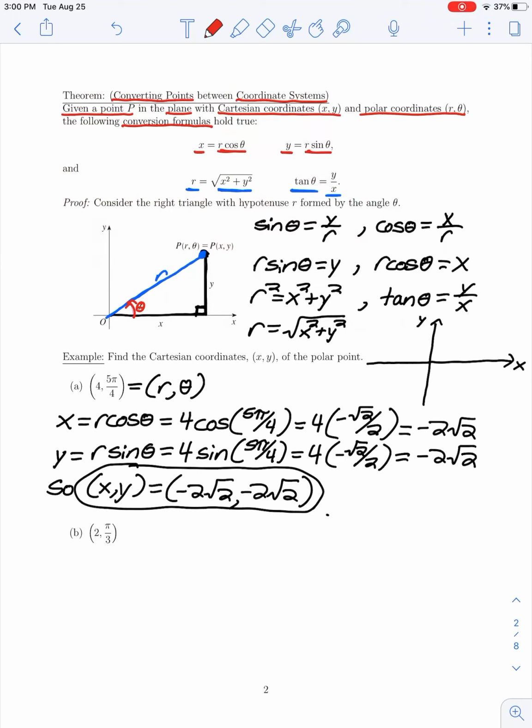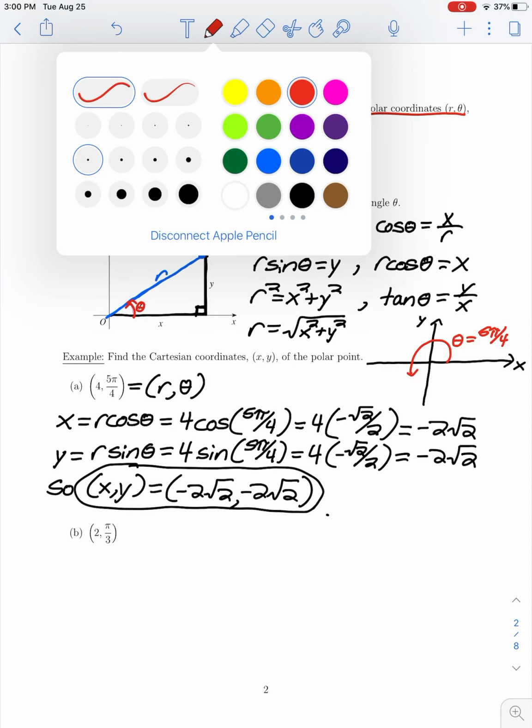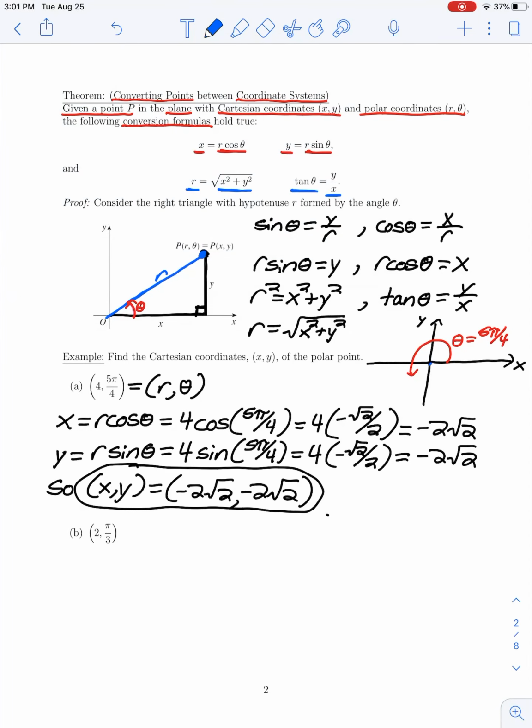We would start from the positive x-axis and rotate in the counterclockwise direction a value of 5 pi over 4 radians. And then along the line segment defined by that angle, we would be moving outward 4 units. So this would be our point P.